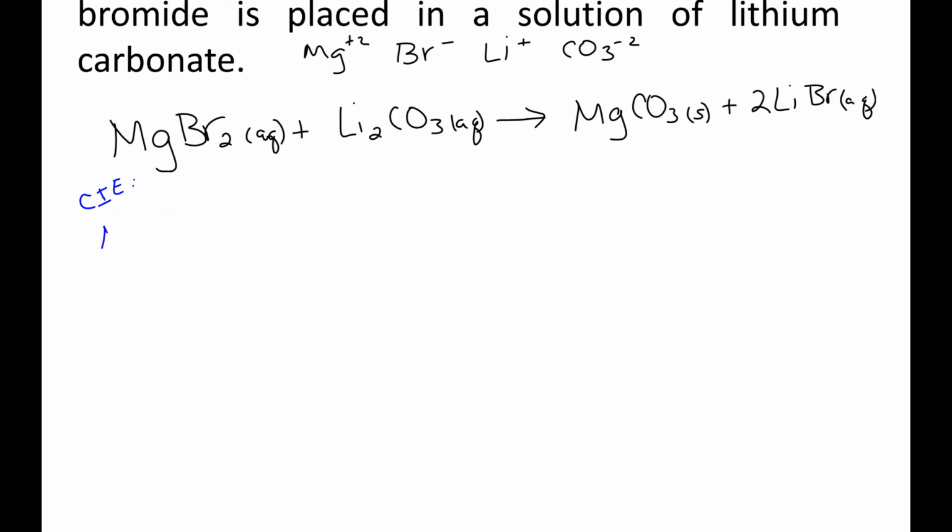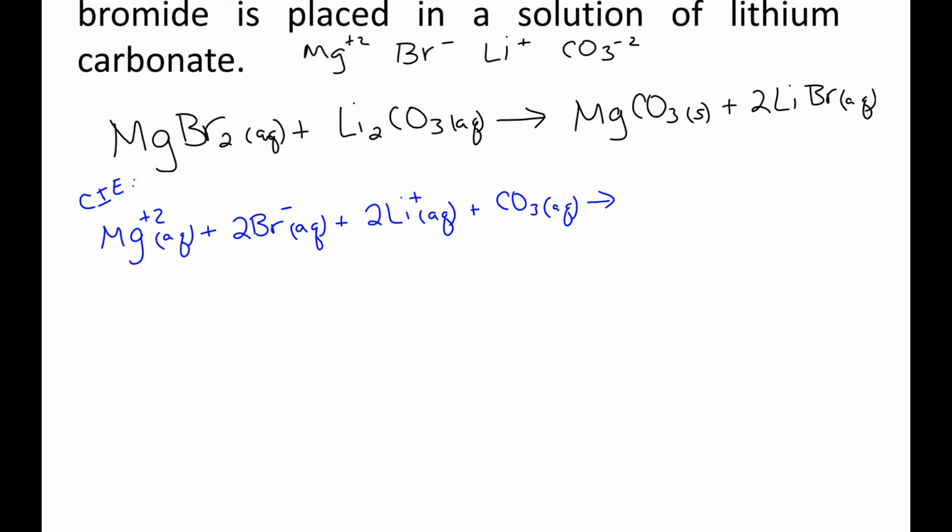So we have magnesium, and there's only 1. Okay, and then we've got 2 bromines. We've got 2 lithiums and 1 carbonate. So that's the whole left-hand side.